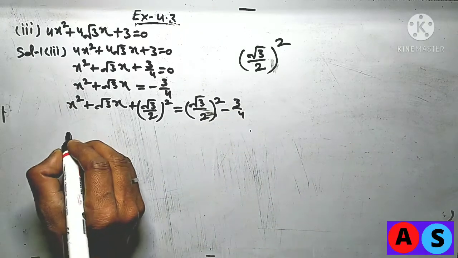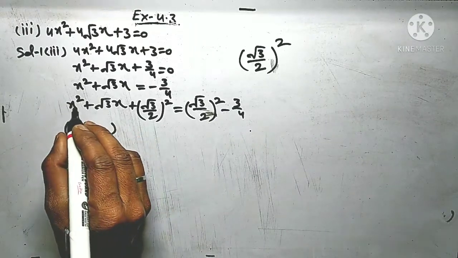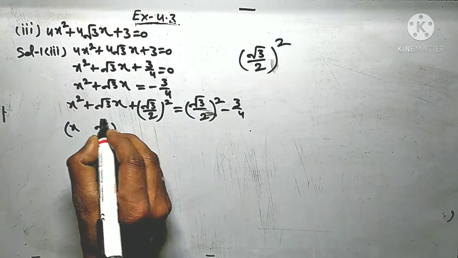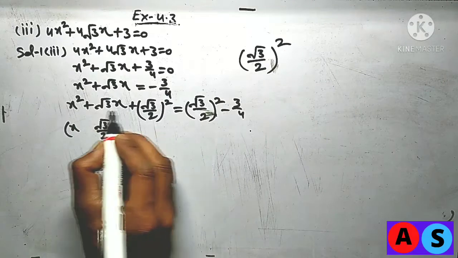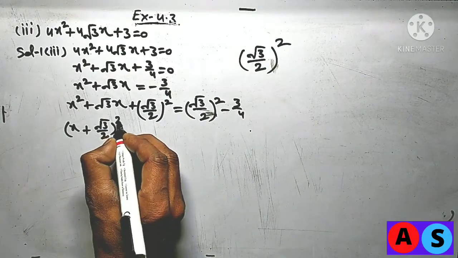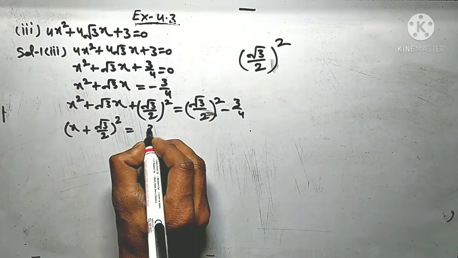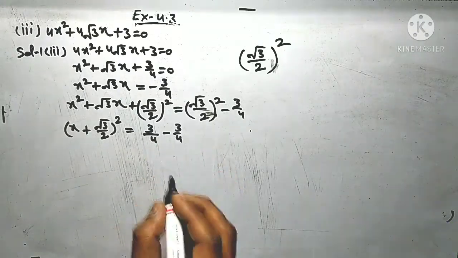Now students, start a round bracket, close the bracket, and write the terms having power 2: x and under root 3 over 2. You see there are 3 terms and all the 3 terms are positive, so we write a positive sign and make a square on the bracket is equal to, we open the square, 3 over 4 minus 3 over 4.